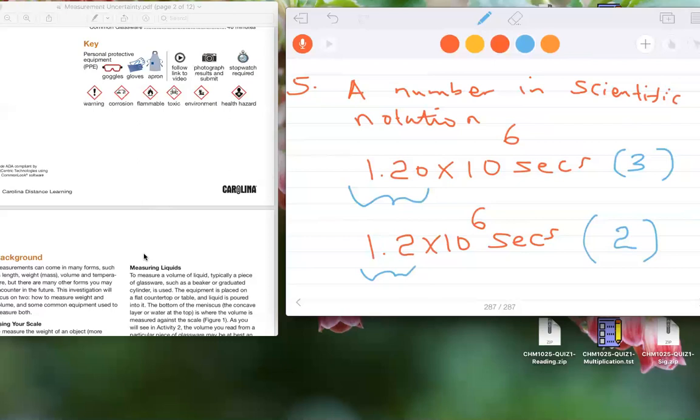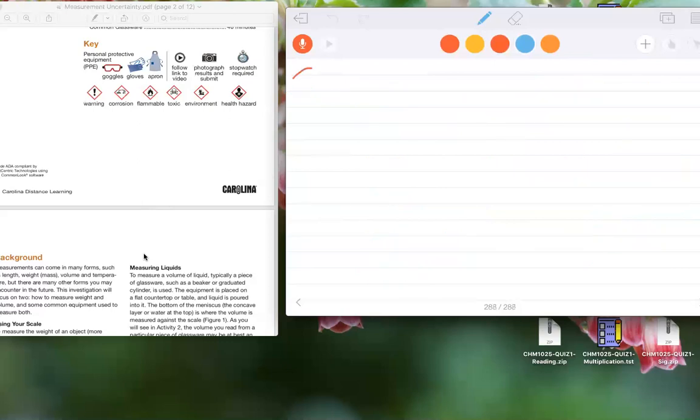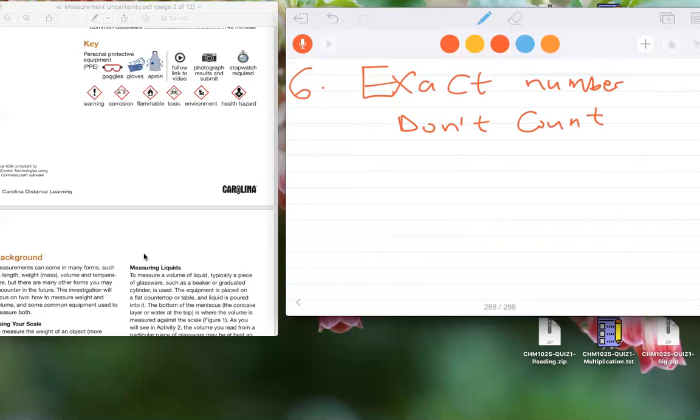And lastly, rule number 6: exact numbers do not count, or you don't subject exact numbers to the rules of significant figures. In other words, numbers obtained as a result of counting are considered exact numbers. There are some numbers for which you don't need any instrument.